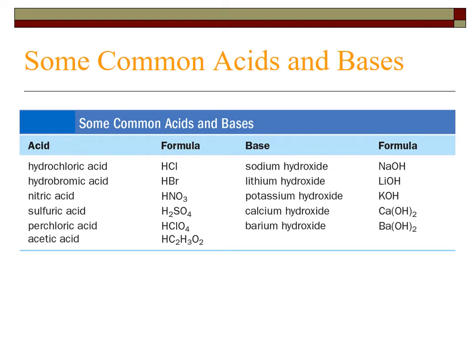The bases all have a hydroxide anion to make them a base: sodium hydroxide, lithium hydroxide, potassium hydroxide, and so forth. So, for this class, you should be able to mix any one of these acids with any one of these bases and come up with a chemical reaction.